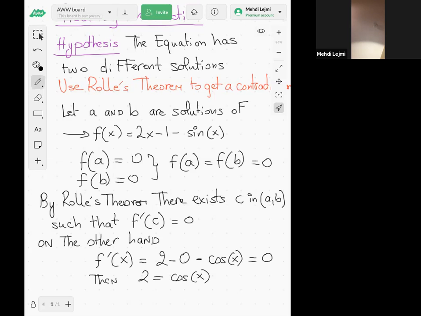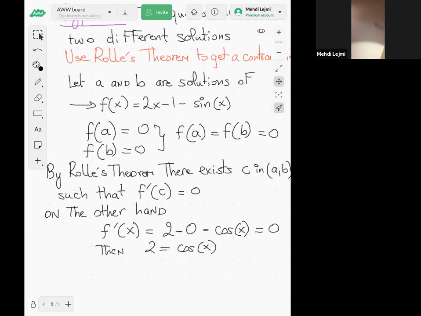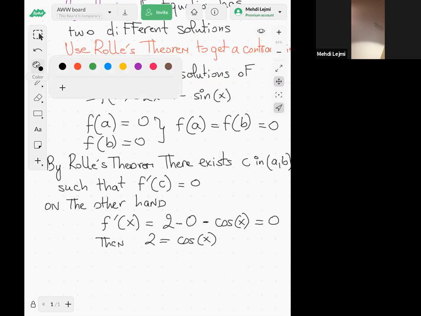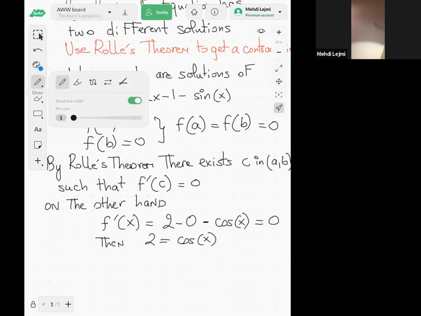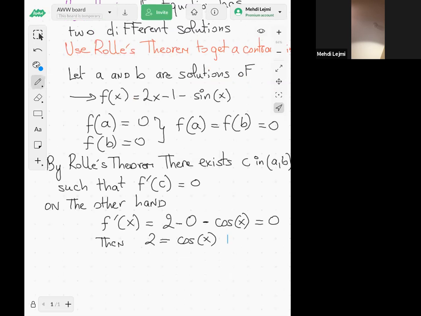But that's impossible, since cosine of any angle is always between -1 and +1.